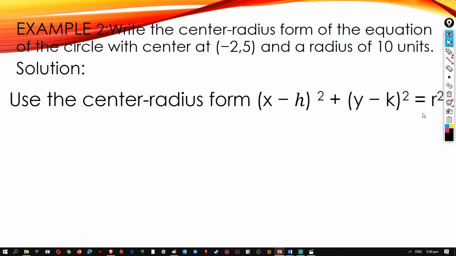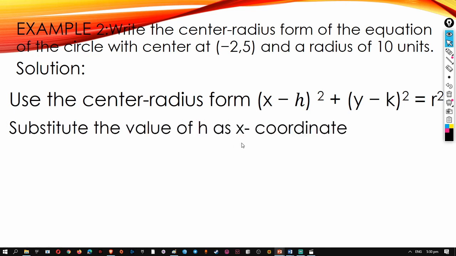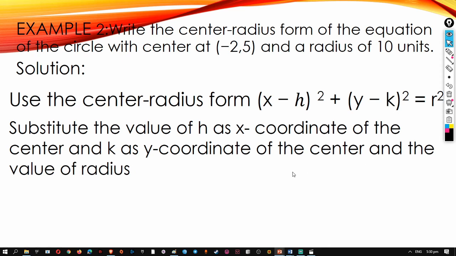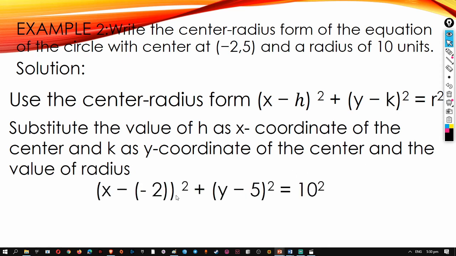So, ito yung tinatawag na center radius form. And then, we substitute the value of h as the x coordinate and k as the y coordinate of the center. So, magiging x minus negative 2. So, ang ating h ay negative 2 squared plus ang ating k ay 5 is equal to ang ating radius ay 10.